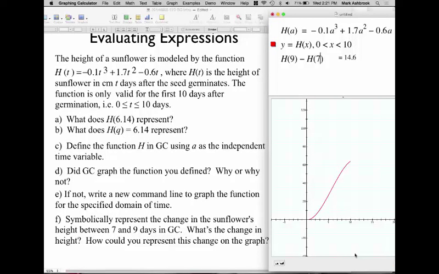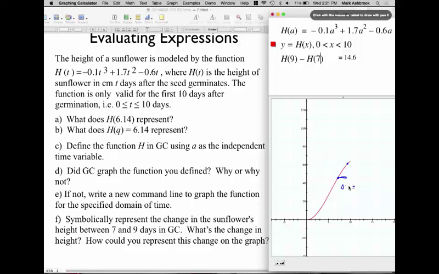Okay, how can I show that on the graph real quick? So from 7 to 9. At 7, here we are. And at 9, here we are. So the change in time from 7 to 9 would be this horizontal line here. That'd be my delta x.